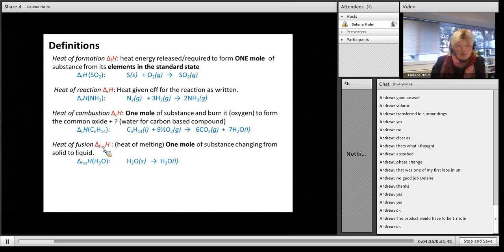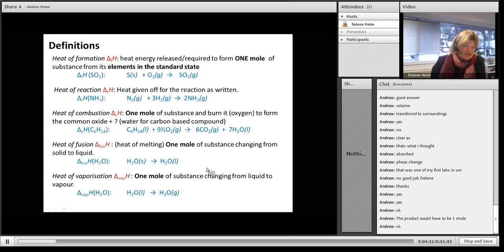That may be one way to remember. Although with fusion you might think it's a solid forming, it's always from solid to liquid. So it's a change of state, and it's always 1 mole to 1 mole, so the balancing is very easy. Vaporization is again 1 mole to 1 mole, going from liquid to gas. And sublimation, which I haven't put up there because you don't get it very often, is from a solid to a gas. So you have to know those so you can write the equations.